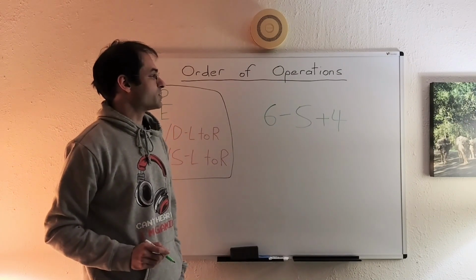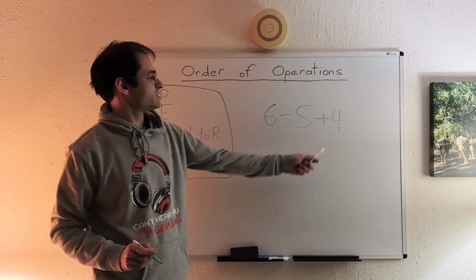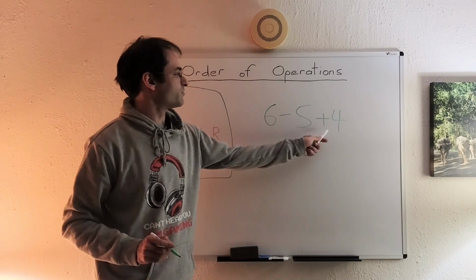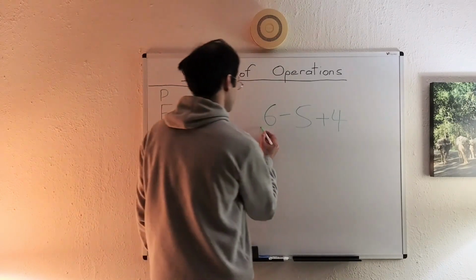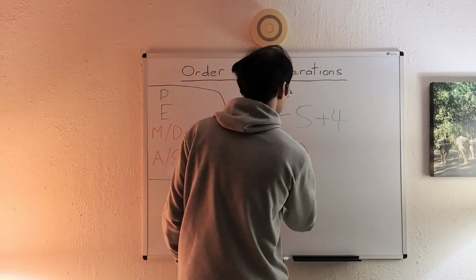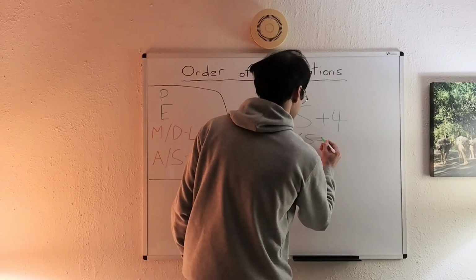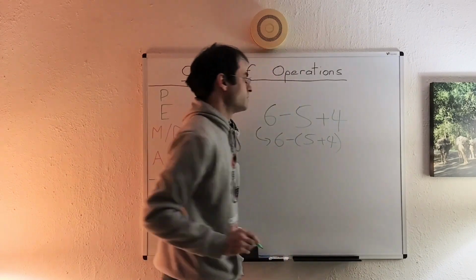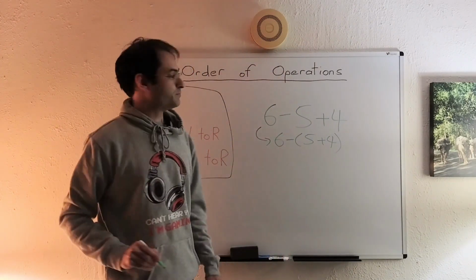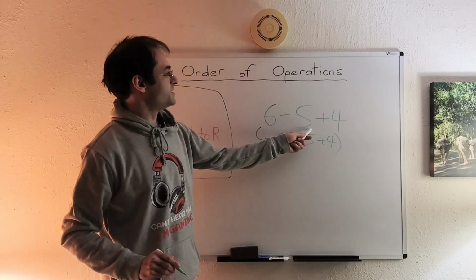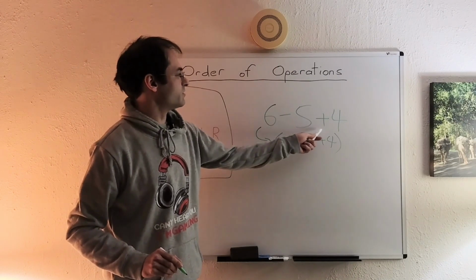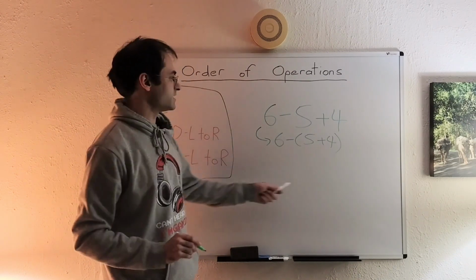But if we were to evaluate this from right to left and do this first, this is what will happen. We're essentially putting a bracket here because we want to see what will happen if we evaluate it from right to left instead of left to right.